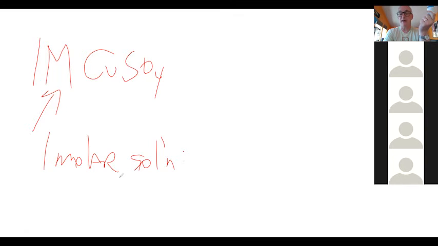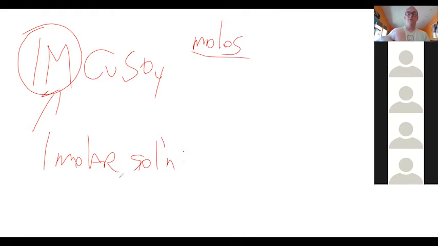Molarity is a unit of something. Moles per liter. Bingo. It's a measure of concentration. So the 1M tells me how concentrated this solution is in terms of moles over liters.